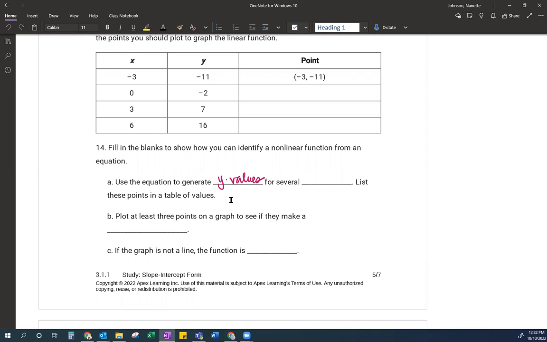For several x values. So basically, I want a table. List these points in a table of values. Plot at least 3 points on the graph to see if they make a line. If the graph is not a line, then the function is nonlinear. If it's a line, then it's linear. If it's not, then it's not.